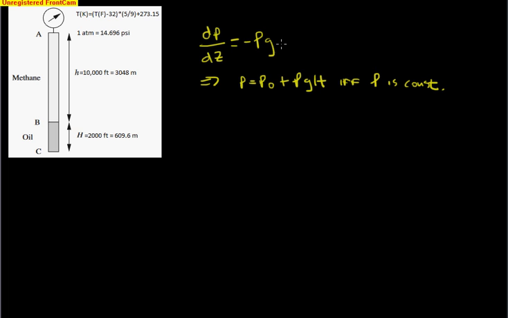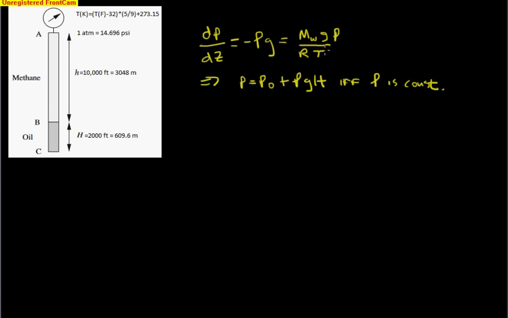So I'm going to say that rho is equal to the molecular weight of the gas times P, over the universal gas constant times the temperature. Sorry, g is the gravitational constant, R is the universal gas constant, and T is the temperature. And I left off the pressure.